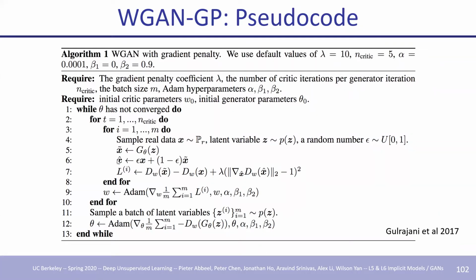So the loss function is slightly changed to say that for the derivative of the discriminator we must try to make the norm as close to 1 as possible.